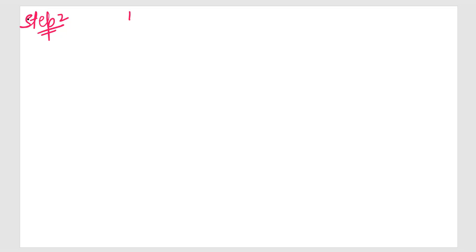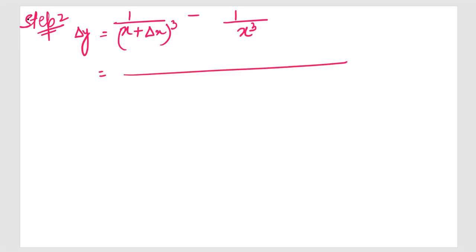Here I am going to write one more time where we left off on the last screen. So it is 1 divided by x plus delta x whole cube, negative 1 divided by x cube. These are fractions, so you know very well that you have to solve by taking the LCM. The LCM of this is x cube into x plus delta x whole cube.